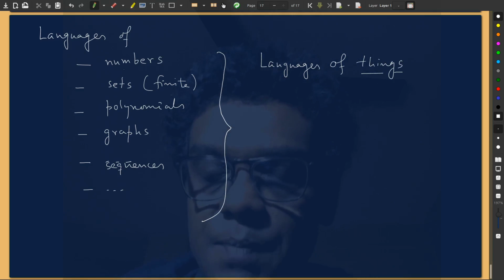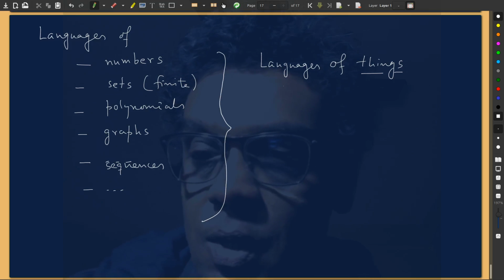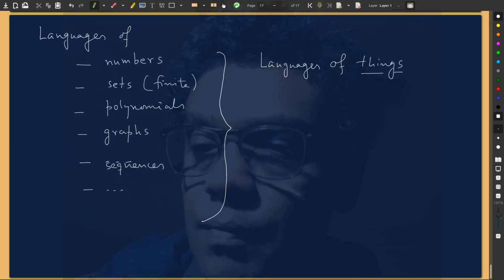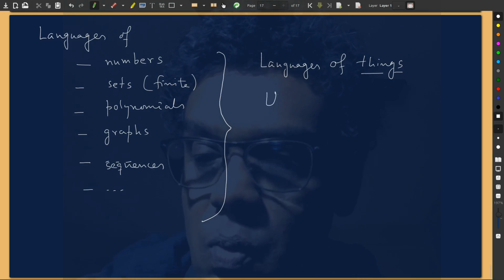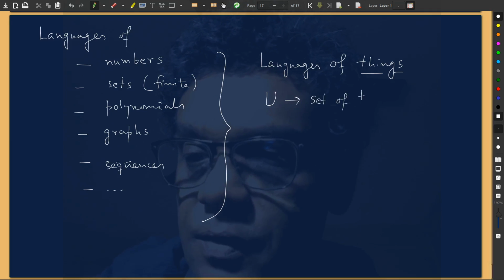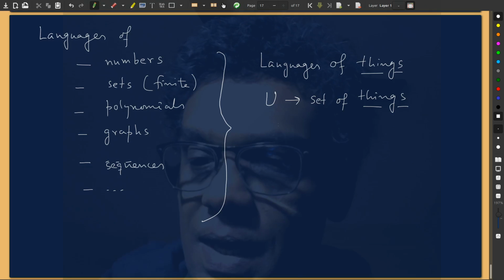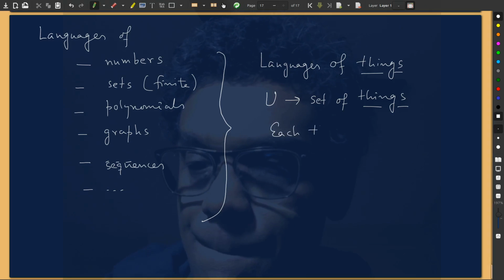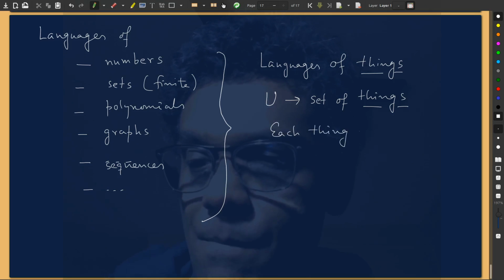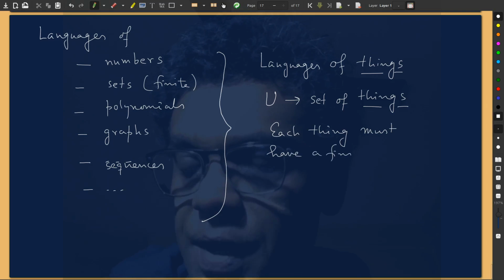The thing may be something of importance to us, like numbers, sets, polynomials, graphs, sequences. Maybe the universal set U of things. Of course, as I mentioned earlier, each thing must have a finite representation.